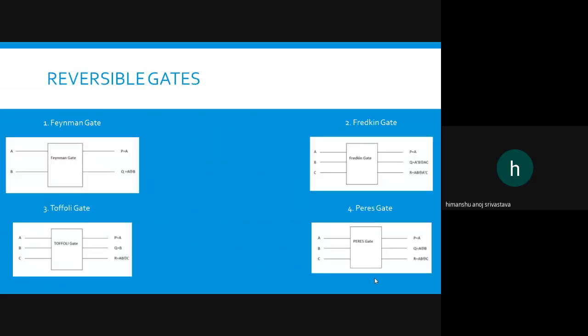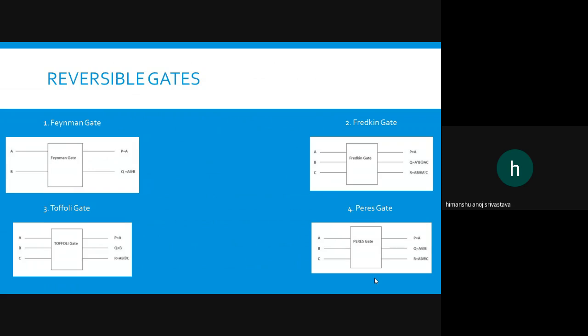If we are talking about reversible gates, there are different types. The first is the Feynman gate, the second is the Fredkin gate, and the third are the Toffoli and the Peres gates. The Feynman gate has two inputs and two outputs, and it is also known as the controlled-NOT gate.